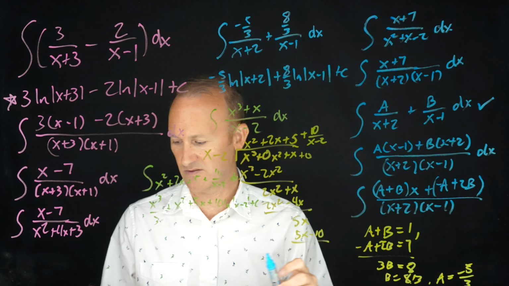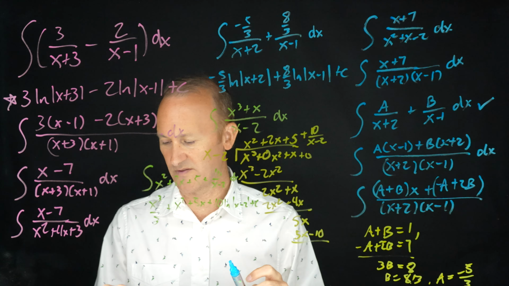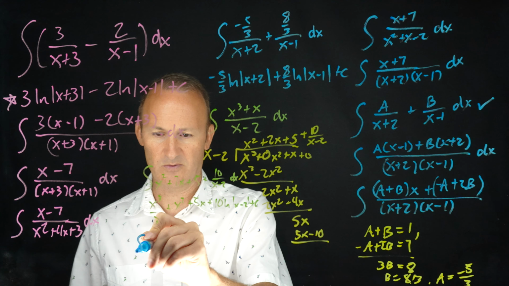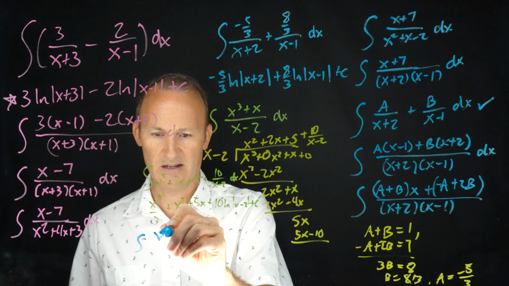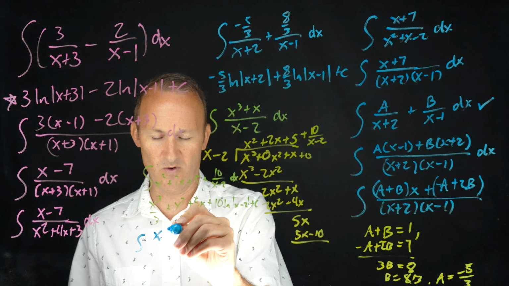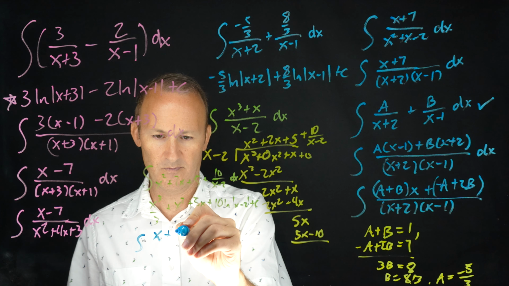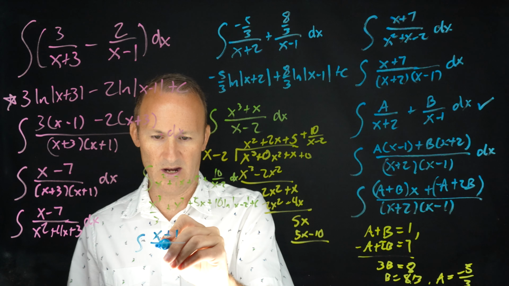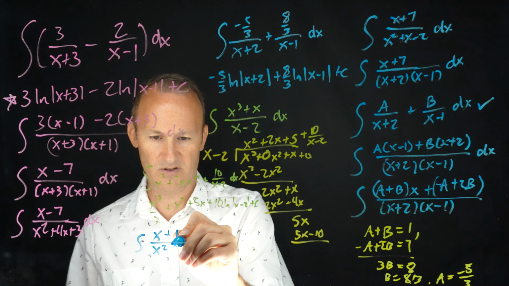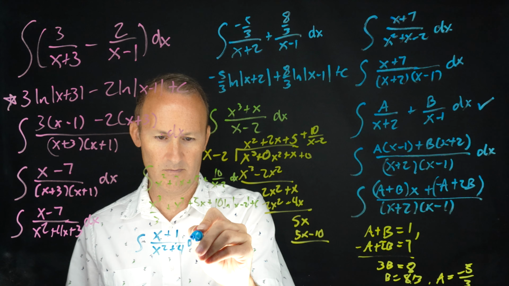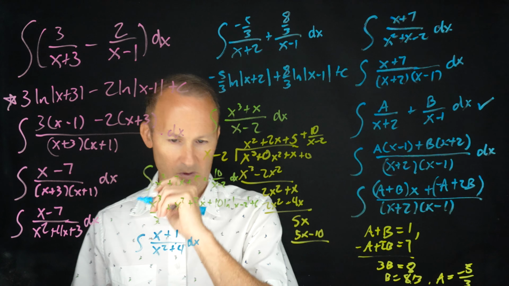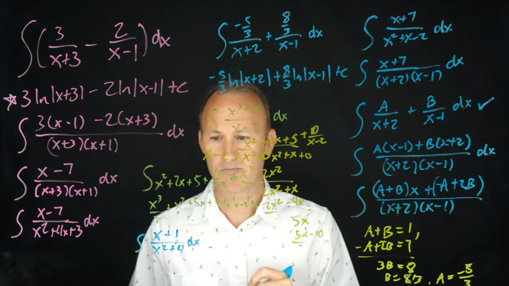So what's another non-example here? A non-example, meaning where you don't use partial fractions, would be the following. What if you have x plus 1 over x squared plus 4? Why not?